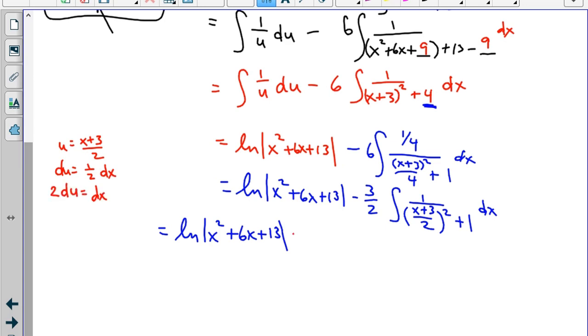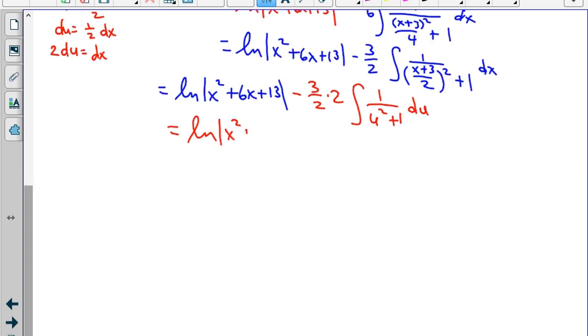So when I make a substitution, I have 3 halves, and then I have another 2. So I'm multiplying this by 2 times the integral of 1 over u squared plus 1 du. So my final answer will be the natural log of the absolute value of x squared plus 6x plus 13 minus 3 times arctangent of my new u, and in this case my u was x plus 3 over 2, plus c. That one's long and hard.